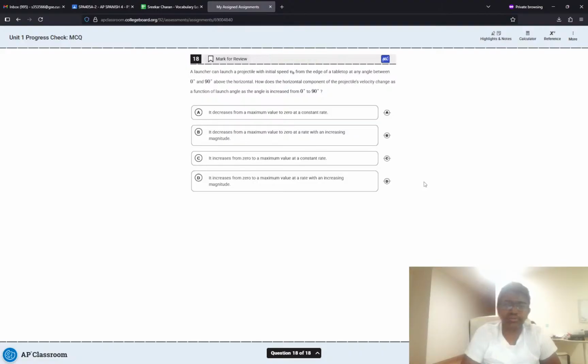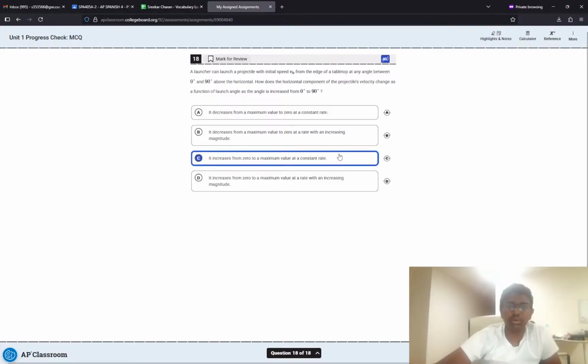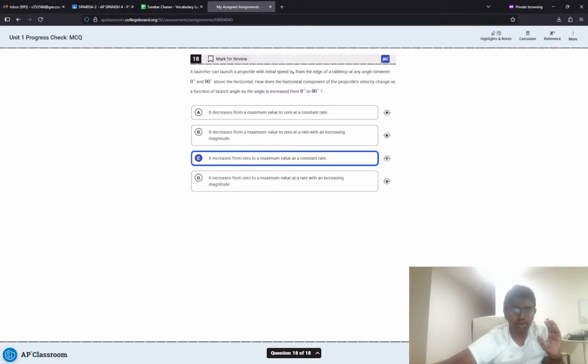It increases. While the horizontal thing, no matter what, would be cosine theta. And as cosine theta increases, it starts off increasing really sharply and then slows down. Okay, wait.